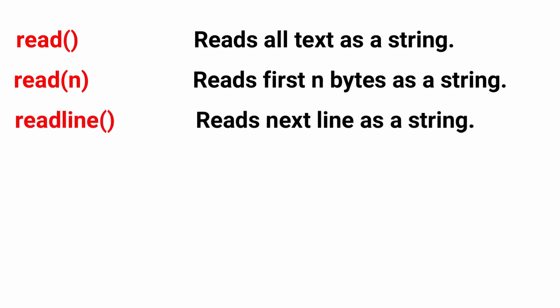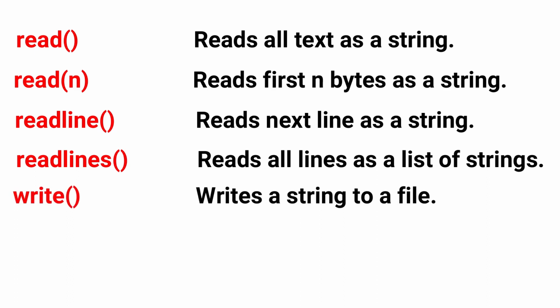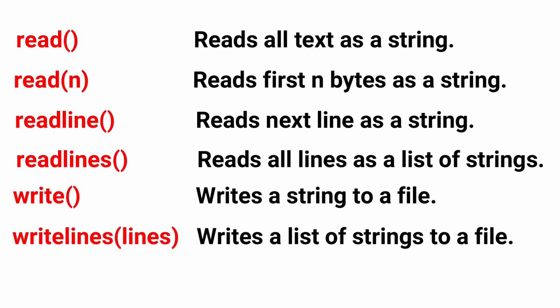The next method is readline, which can be used to read the next line in the file as a string. We have the readlines method to read all the lines as a list of strings. Then we have a write method to write a string into a file, and also the writelines method to write a list of strings into a file. And finally we have a close method to close the file object.